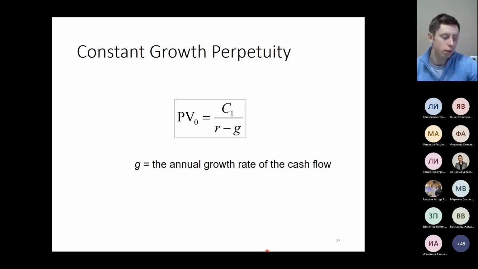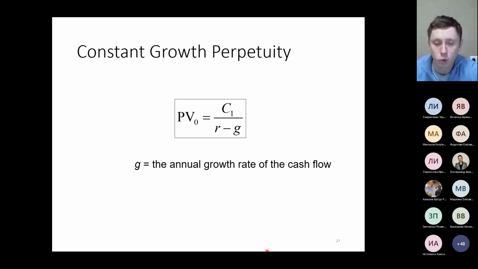This is a concept that is very important for us when we talk about corporations, because corporations are supposed to grow. They are not just infinite, they should grow infinitely. That is why this is a very useful cash flow.